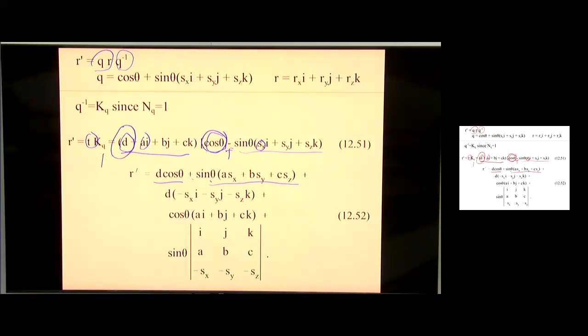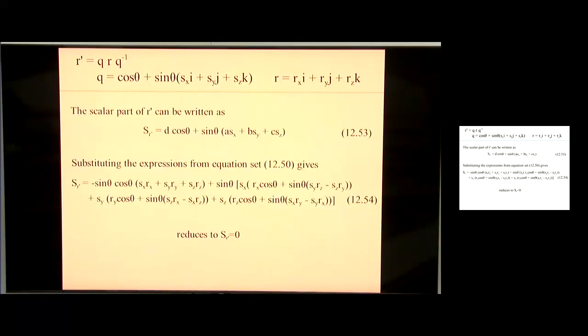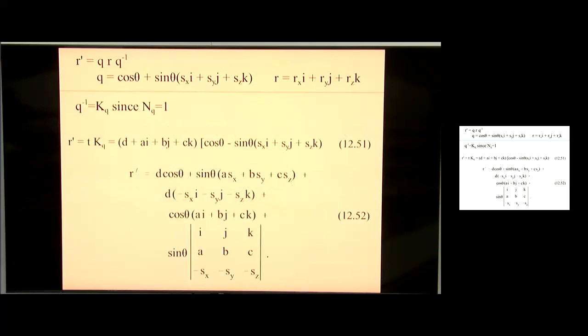The scalar part of the first times the vector part of the second, and the scalar part of the second times the vector part of the first. No magic or anything, so we're brute forcing this. I'm going to hit down, and we're going to look at the scalar part to begin with.